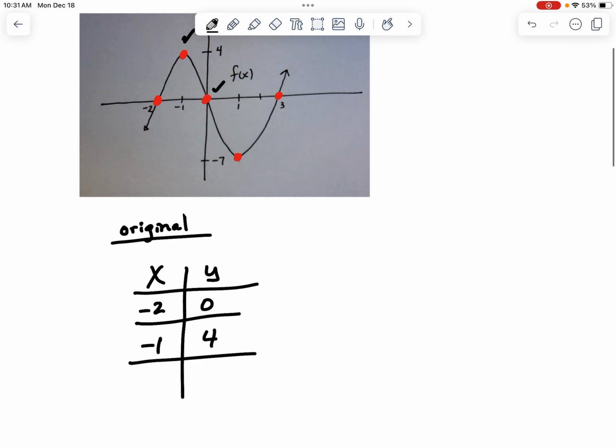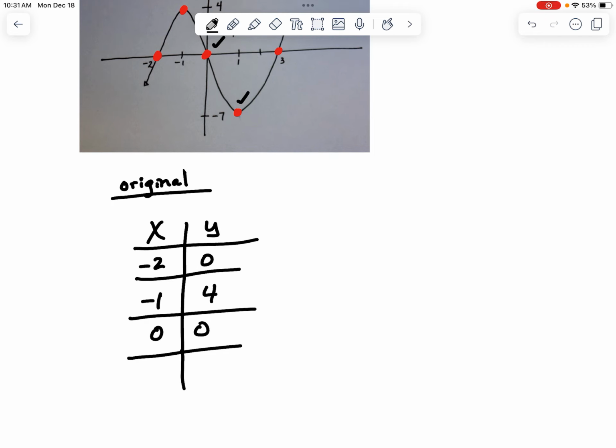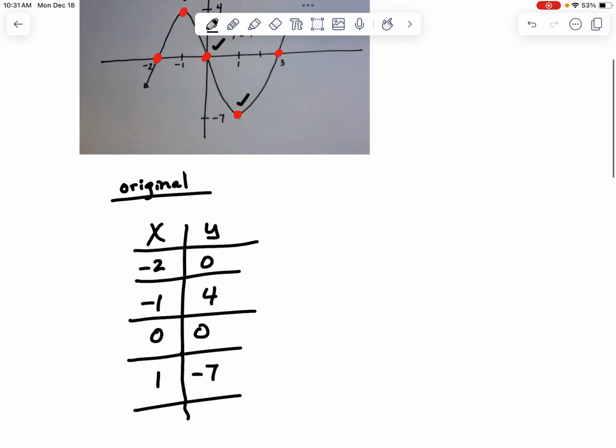Then there is the origin, which is 0, 0. Next, there is that point at the bottom, which is a minimum value. So that's at 1 and -7 for Y. And then the last one is where it's crossing the x-axis at 3. So that means X equals 3 and then Y equals 0.